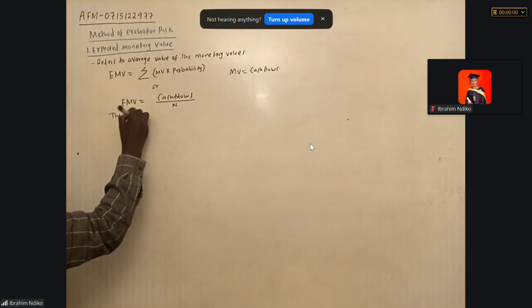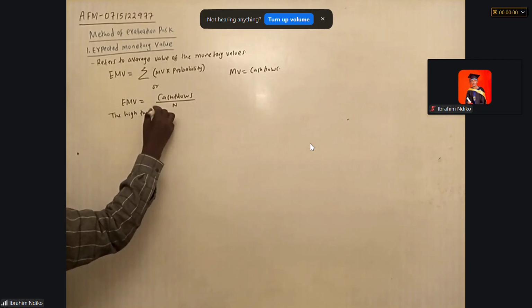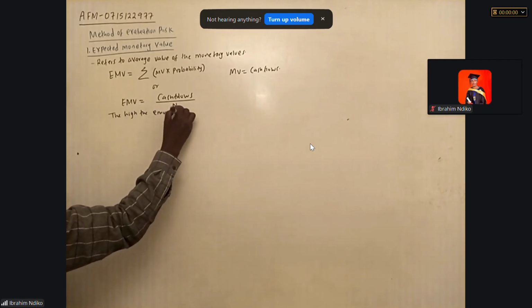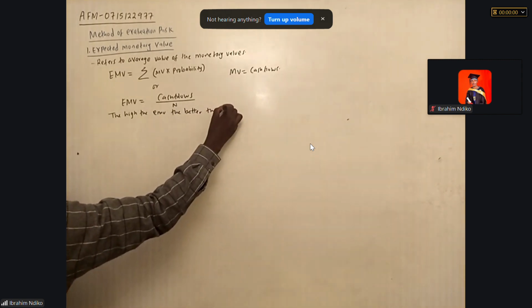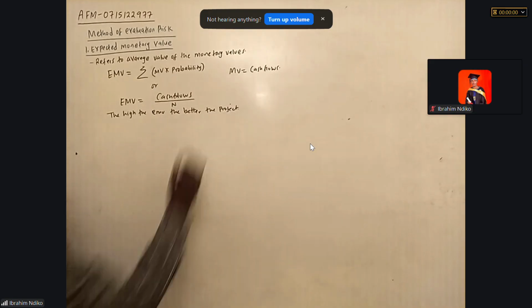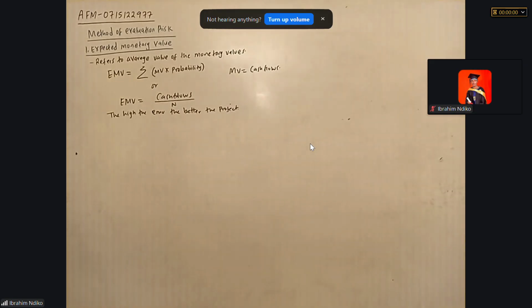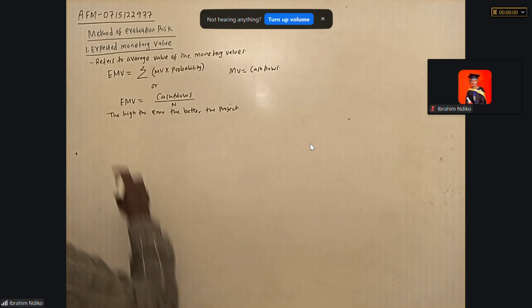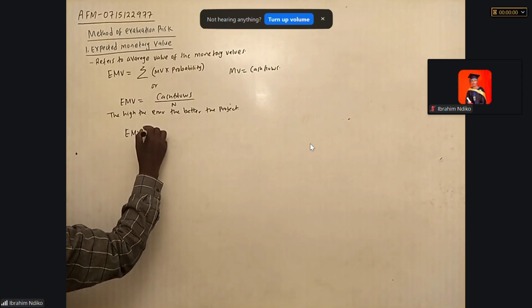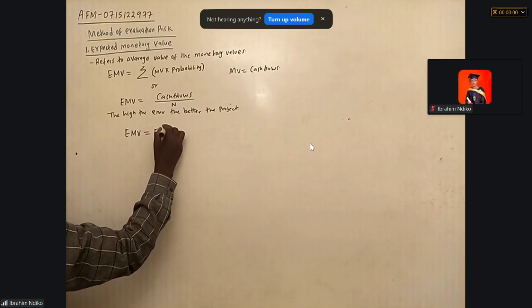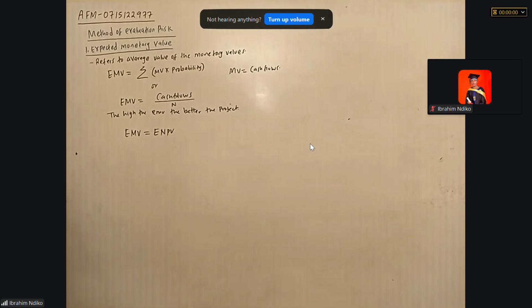The higher the EMV, the better the project. Now, this EMV formula can also be used to calculate expected net present value. How do you compute expected net present value?